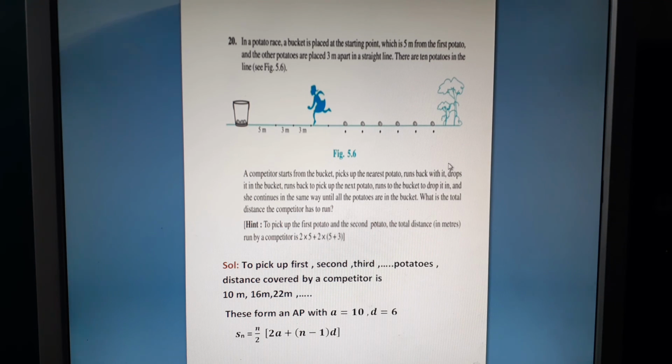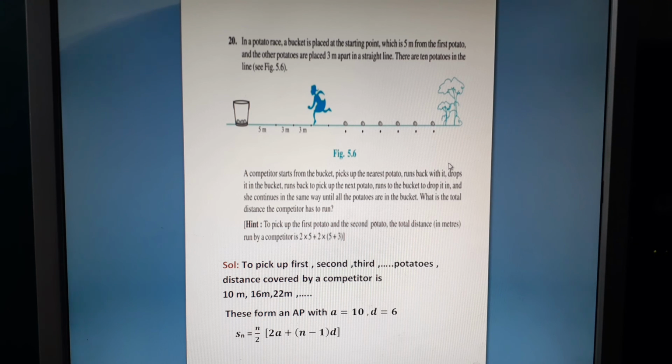Hint is given. To pick up the first potato and the second potato, the total distance in meters run by a competitor is 2 into 5 plus 2 into 5 plus 3. See the solution.